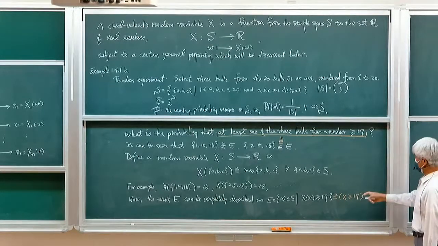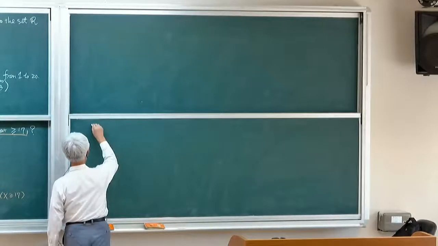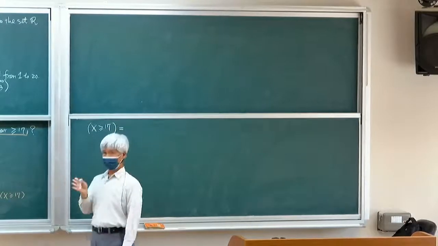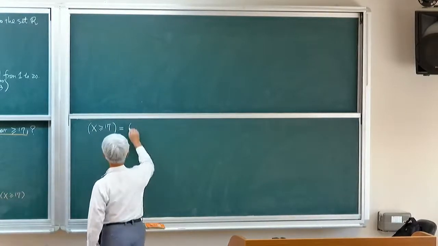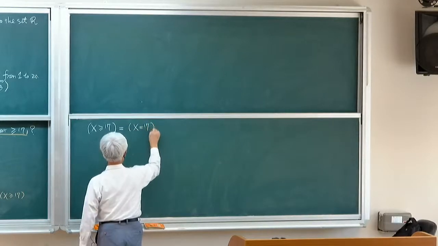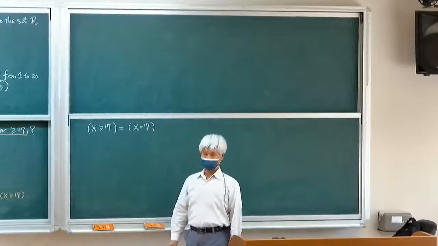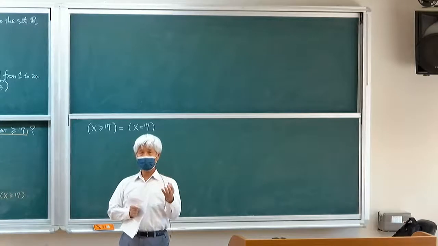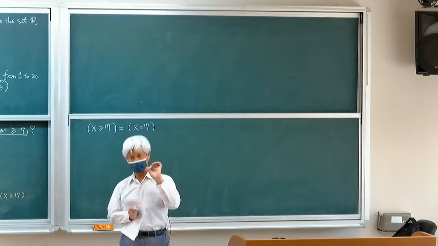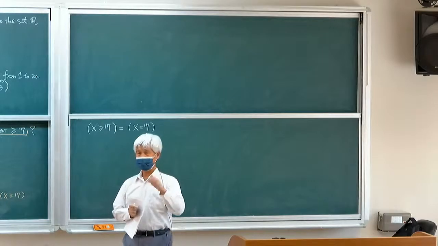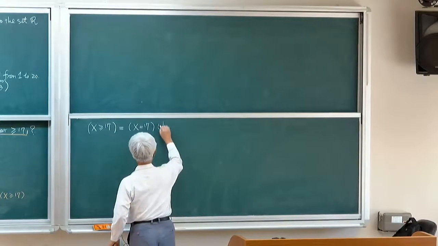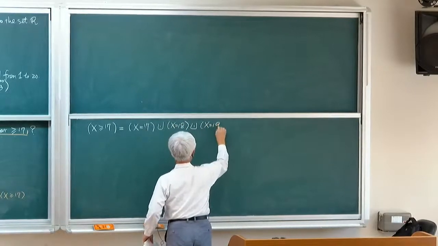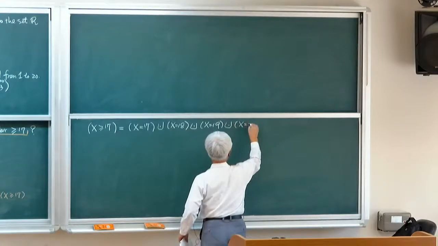This event can be decomposed into smaller events: x is equal to 17, meaning the maximum number the three balls have is exactly 17, disjoint union 18, disjoint union 19, disjoint union 20.